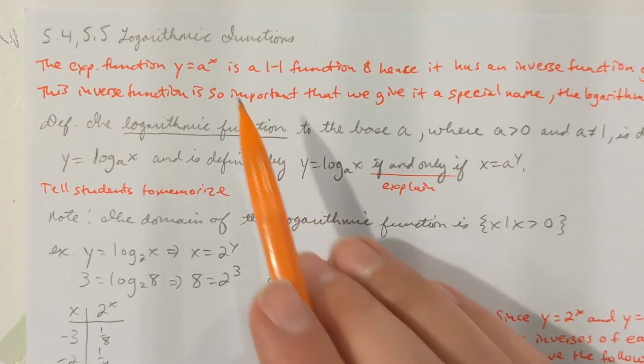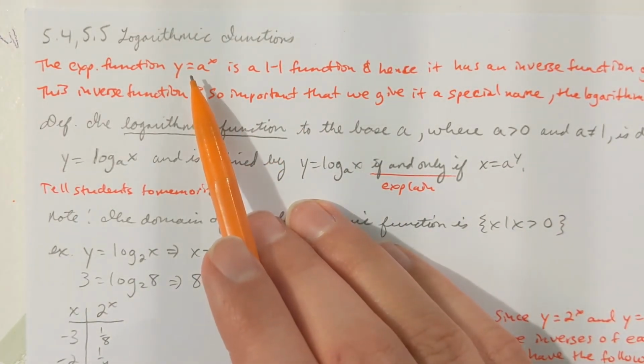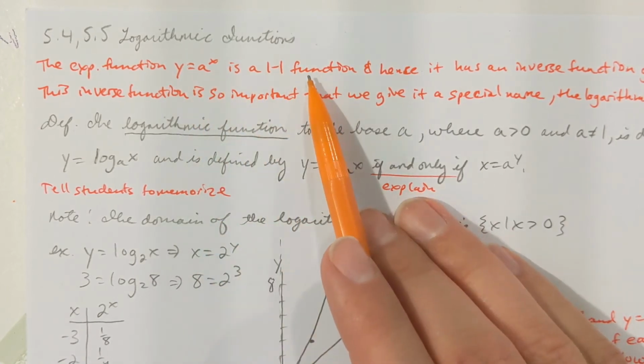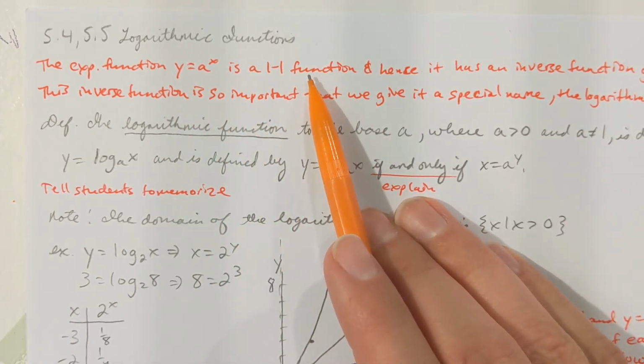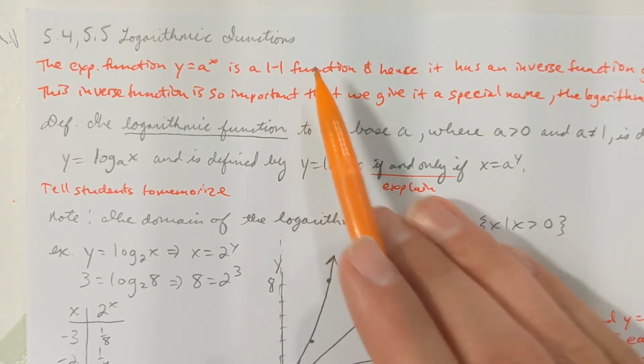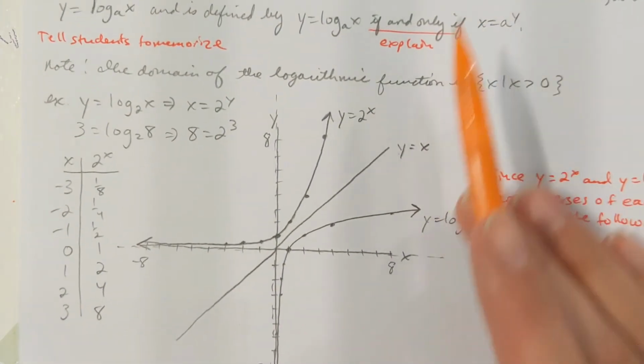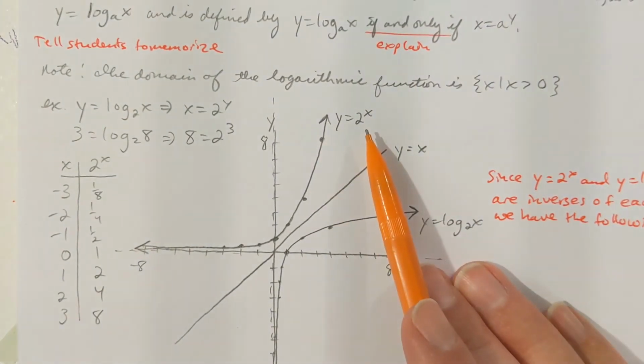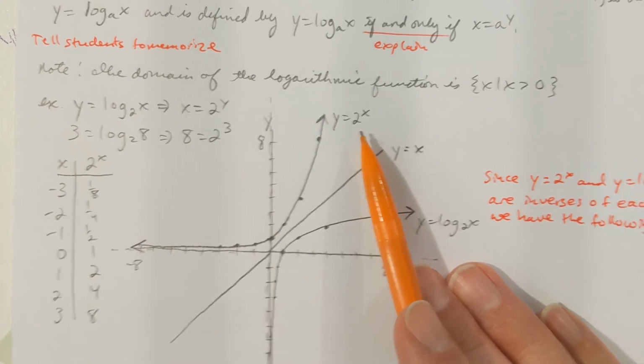All right, now the first thing that I had mentioned about this topic here is that an exponential function is a one-to-one function. What does that mean? It means that the inverse is a function. Now, inverse is all about switching x and y. So if I want to calculate the inverse of y equals 2 to the x, I just simply switch x and y.